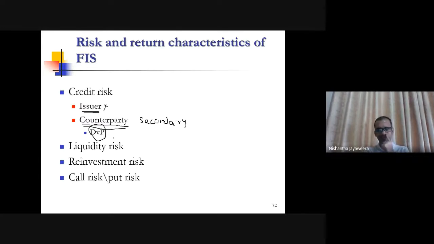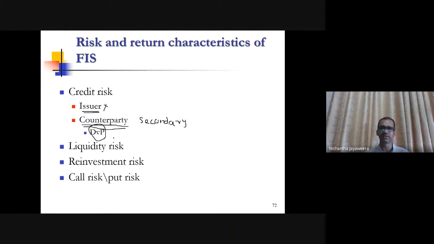In this case, you don't lose your principal amount, but there can be a small opportunity cost. If the transaction is not settled, then you have to go back to the market and do another transaction to fulfill your requirement. By that time, the market might have moved against you.